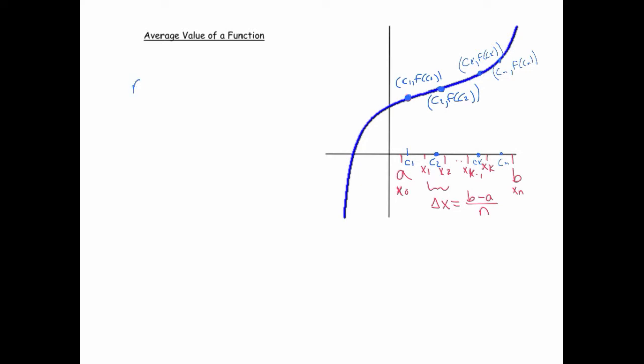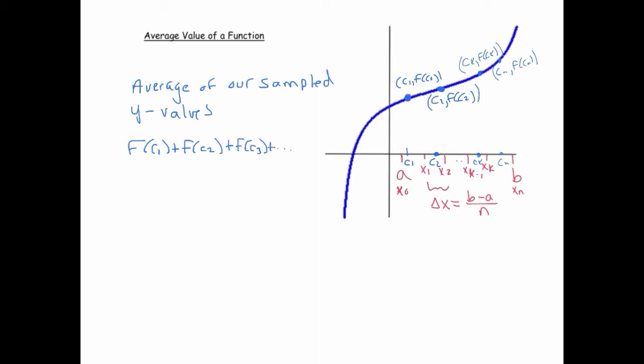So the average of our sample, well, that's just going to be f of C1 plus f of C2 plus f of C3 all the way up to f of C sub n. And there's n of them, so to average them we just divide by n.